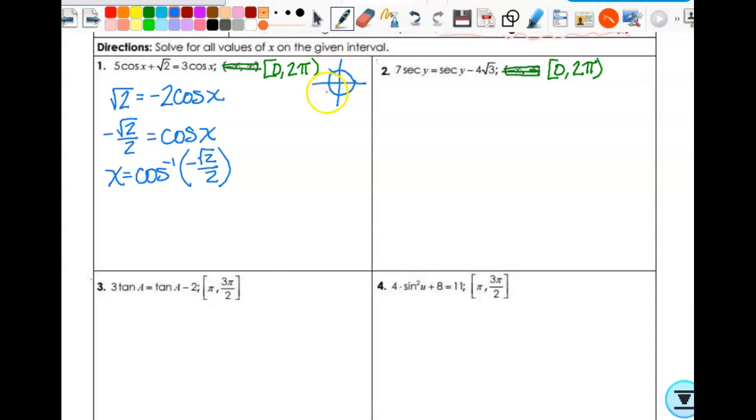Cosine is negative in 2 and 3. So I know that the cosine inverse of square root of 2 over 2 is pi fourths. But I need that in the second and third quadrant. So what is my pi fourths angle in the second quadrant? 3 pi fourths. And then what is my pi fourths angle in the third quadrant? 5 pi fourths. And so here are my two answers.